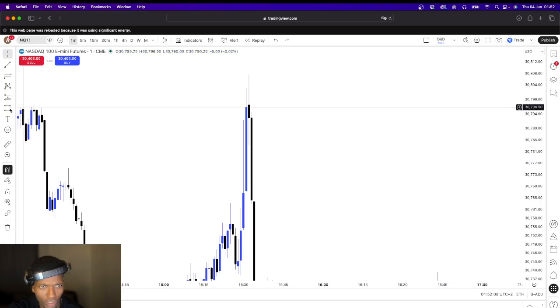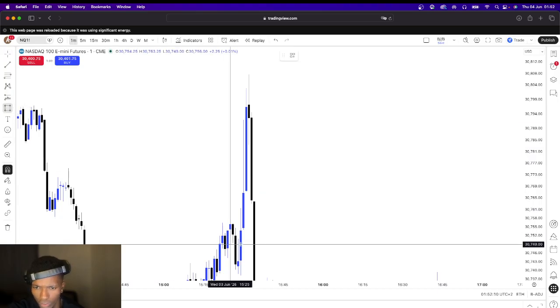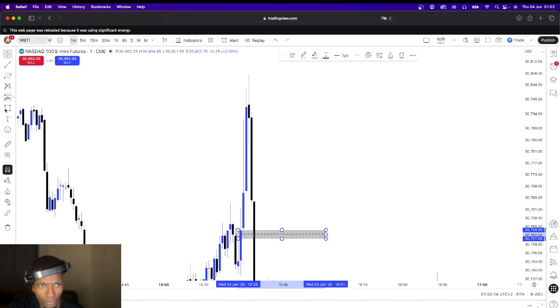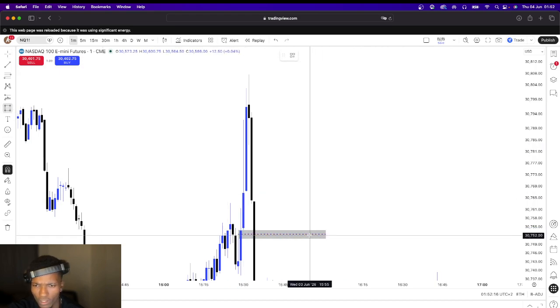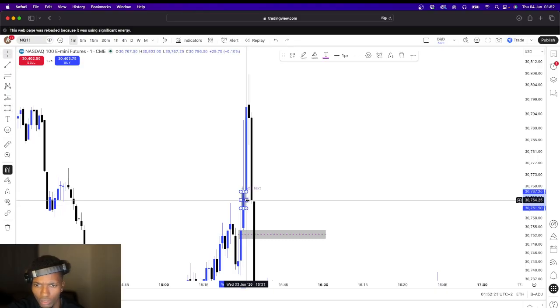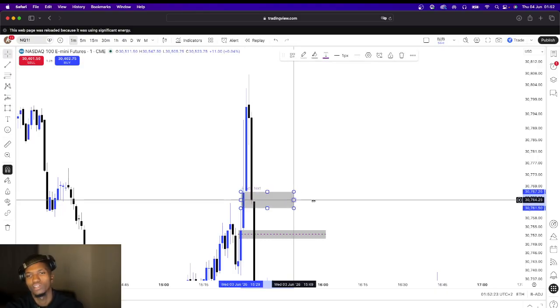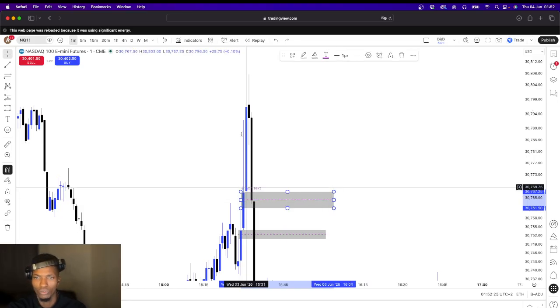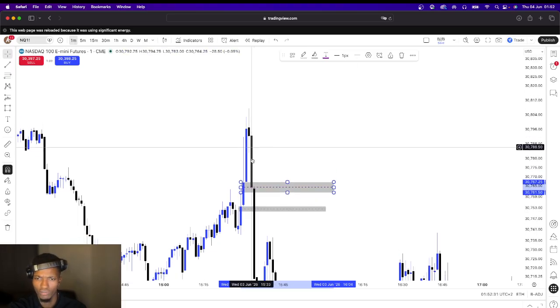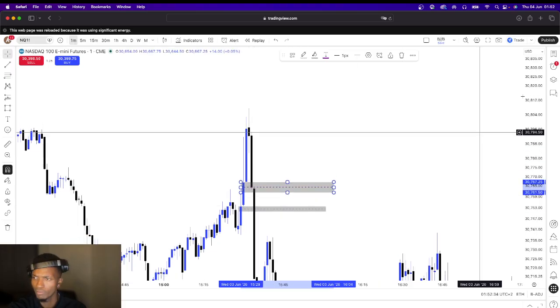What happened? This was for today. There we had one there, and then we had the second one up here. All right. And then what happened? Price continued up, then this was during market open, by the way. So price inversed both fair value gaps, right?